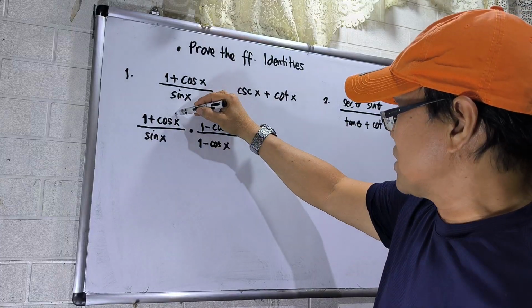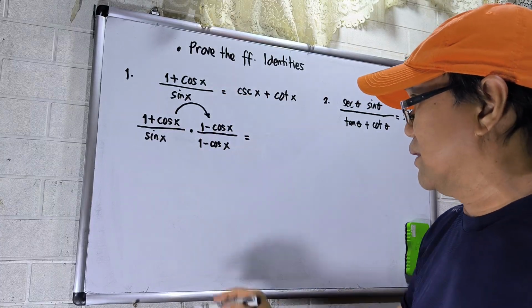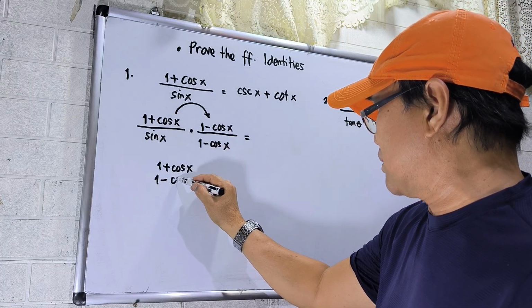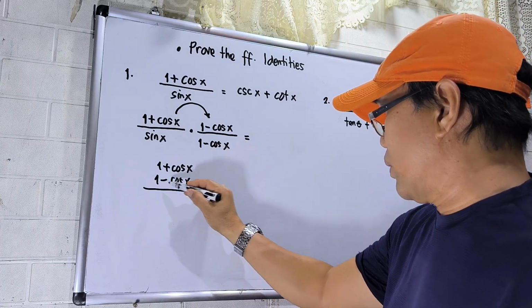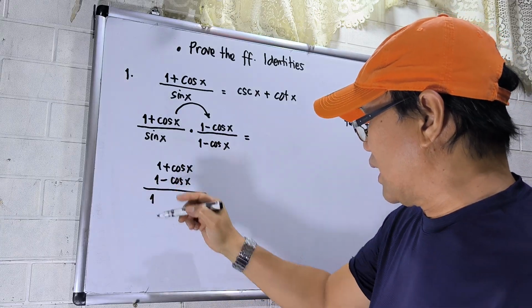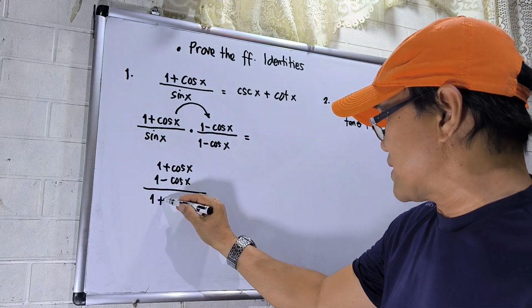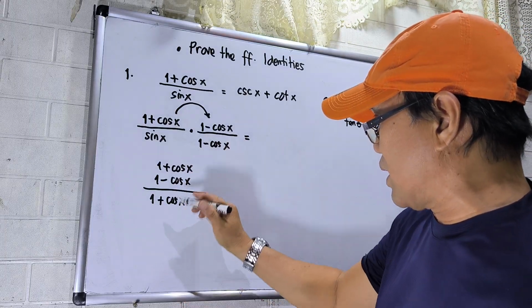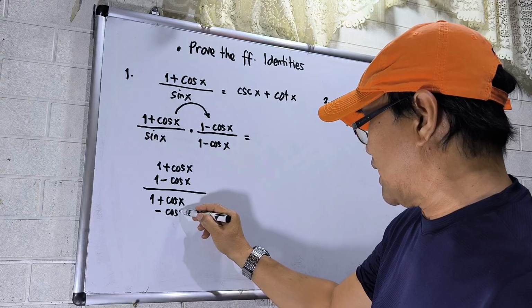Okay, so now distribute or multiply. 1 plus cosine x times 1 minus cosine x. 1 times 1 will be 1. 1 times positive cosine x will be positive cosine x. Then negative cosine x times 1 is negative cosine x.